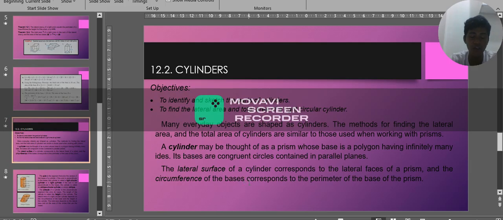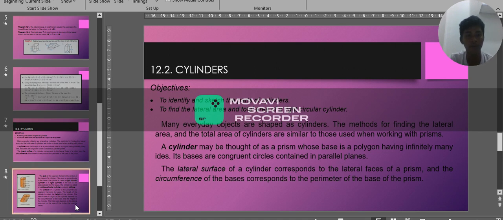The lateral surface of a cylinder corresponds to the lateral faces of a prism, and the circumference of the bases corresponds to the perimeter of the base of the prism. Earlier, we talked about the perimeter of the base of the prism. This time, we will be talking about the circumference because the bases of a cylinder are circles, not squares, not rectangles, not parallelograms anymore.